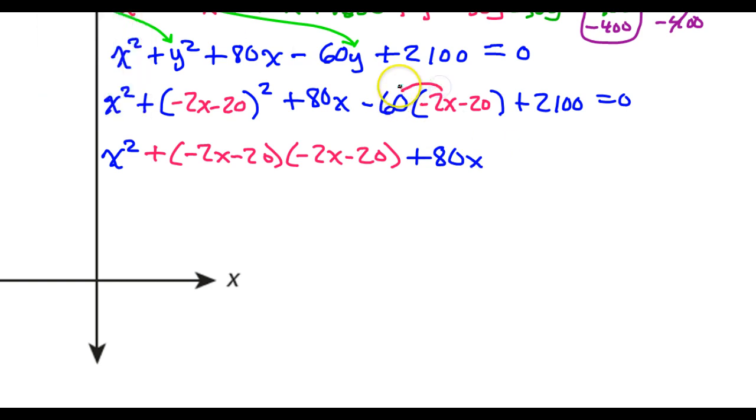Negative 60 is distributing. So negative 60 times negative 2 is going to be positive 120x. And then negative 60 times negative 20 is going to be positive 1,200.